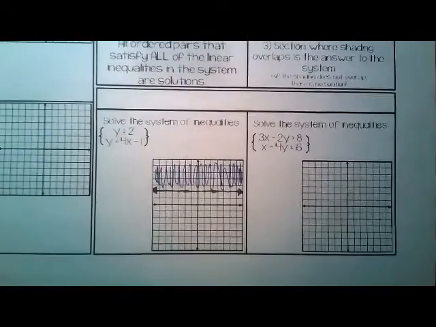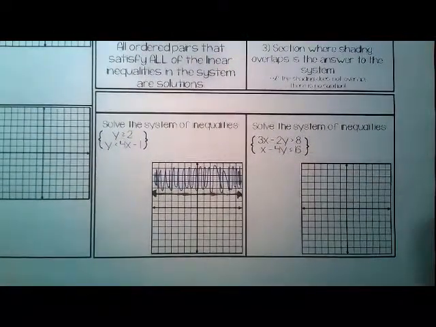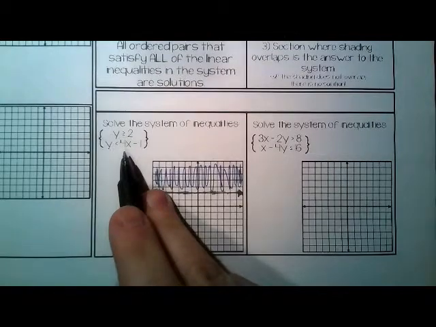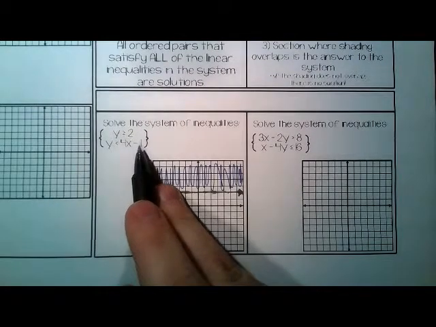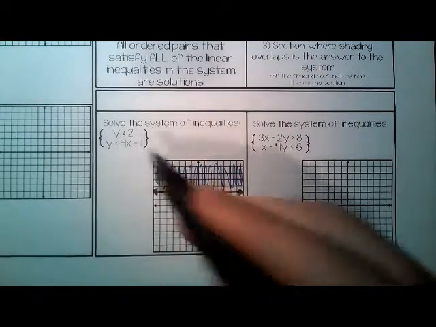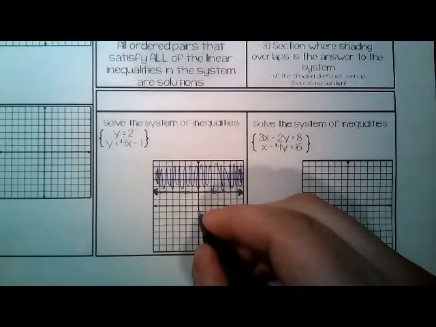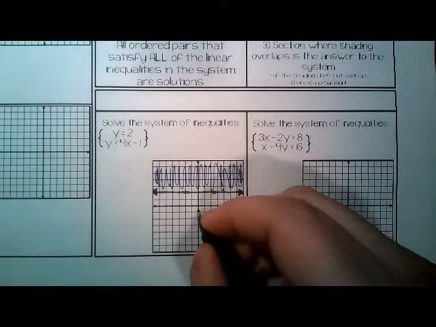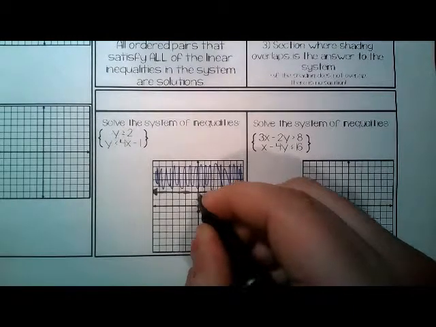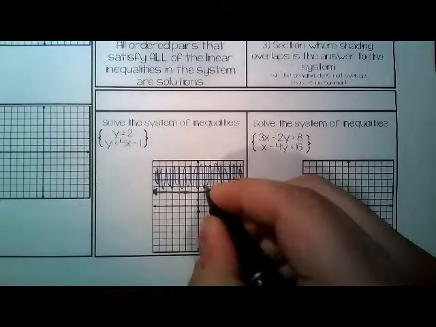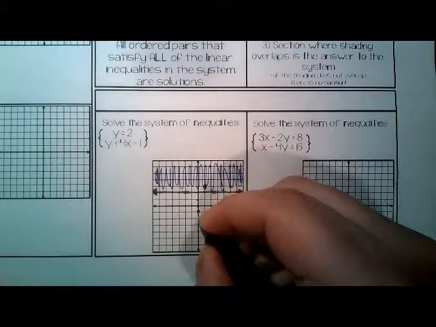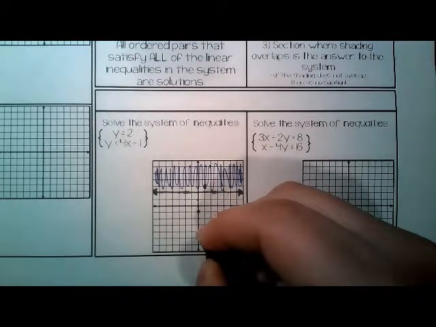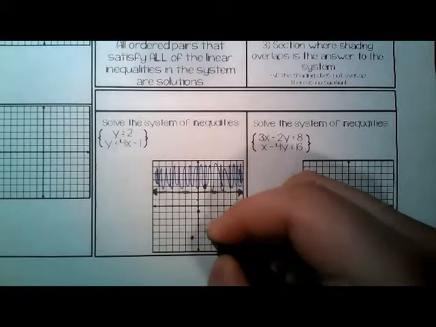Okay. Now let's do this one. Y is less than 4x minus 1. So I start at my y-intercept, which is negative 1. And I use my slope of 4. So that's up 1, 2, 3, 4, and over 1. Or I could have gone down 1, 2, 3, 4 and left 1.